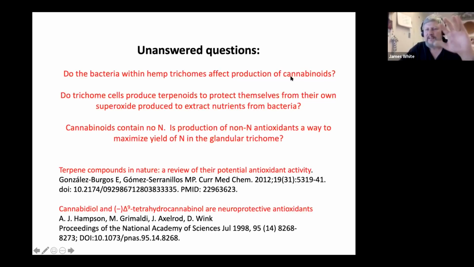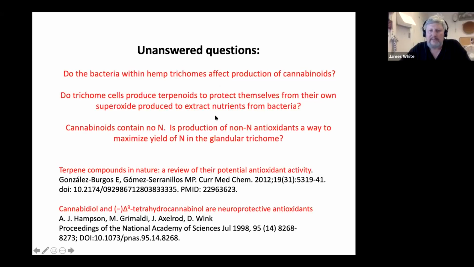So do these interactions in the hemp trichome impact those cannabinoids? And what about hops? Hops is also in that same family. Hops, very similar. And I think I'll talk about that pretty soon. But most likely, those cannabinoids are affected.